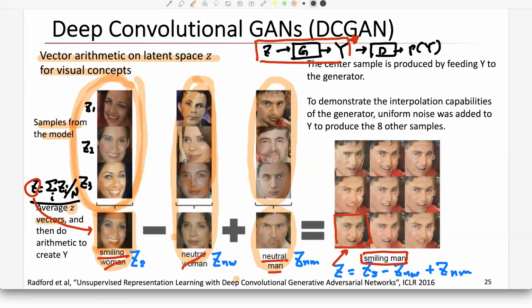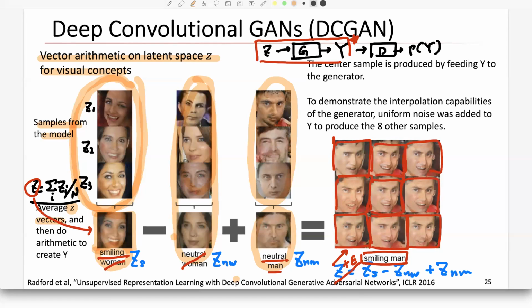Of course, to make some perturbed images, we can add some noise here. Then we can generate 8 kinds of samples like this one with some Gaussian noise on the latent space Z. We can generate some smiling man samples, right?